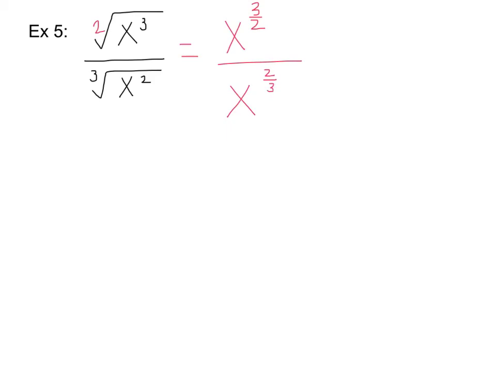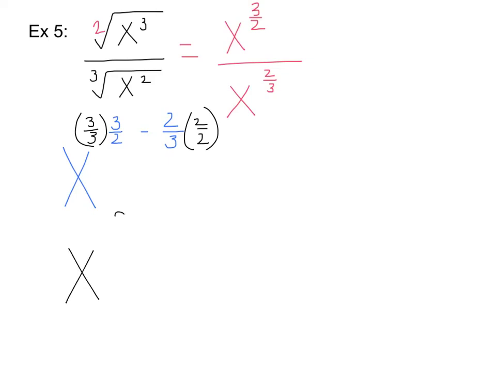Now, when you're dividing, that means you get to subtract their exponents. So I take 3/2 and I subtract 2/3. You have to make the denominators the same, so 2 and 3 have 6 in common. So you have to multiply this by 3/3 to get a 6, and you have to multiply this by 2/2 to get a 6.